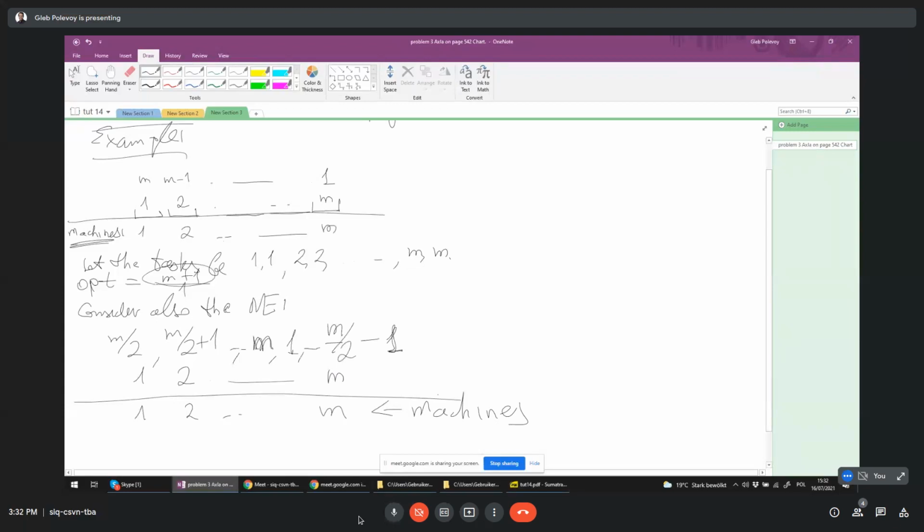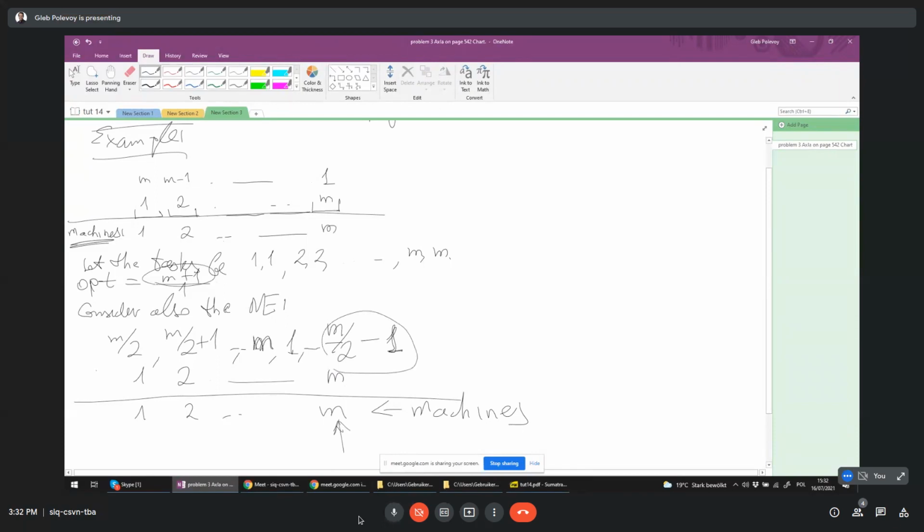The task from m by 2 minus 1, which sits at the rightmost machine, at machine m. This task, which weighs m by 2 minus 1, faces besides itself m.